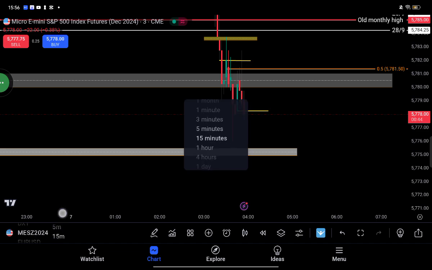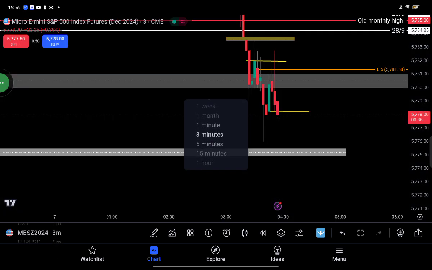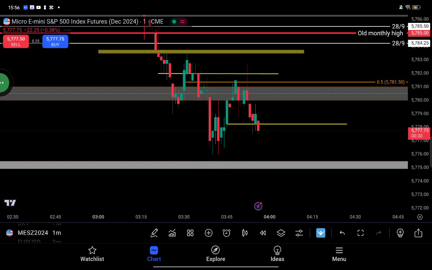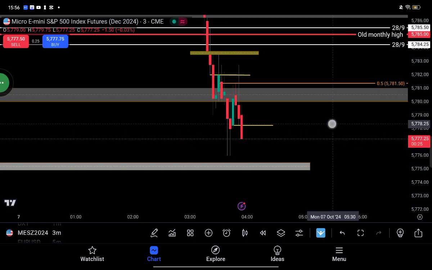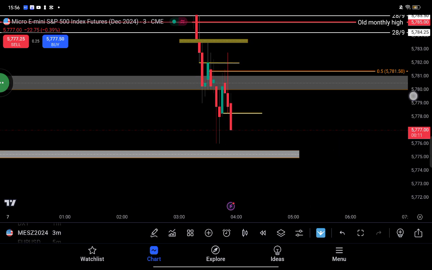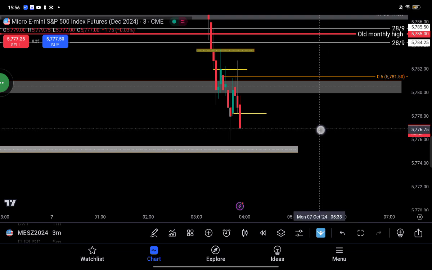Because here, if you see the 15-minute, sell side is engineered right here, okay? 15-minute BC and here, so sell side is really engineered right here. This CE wick right here.